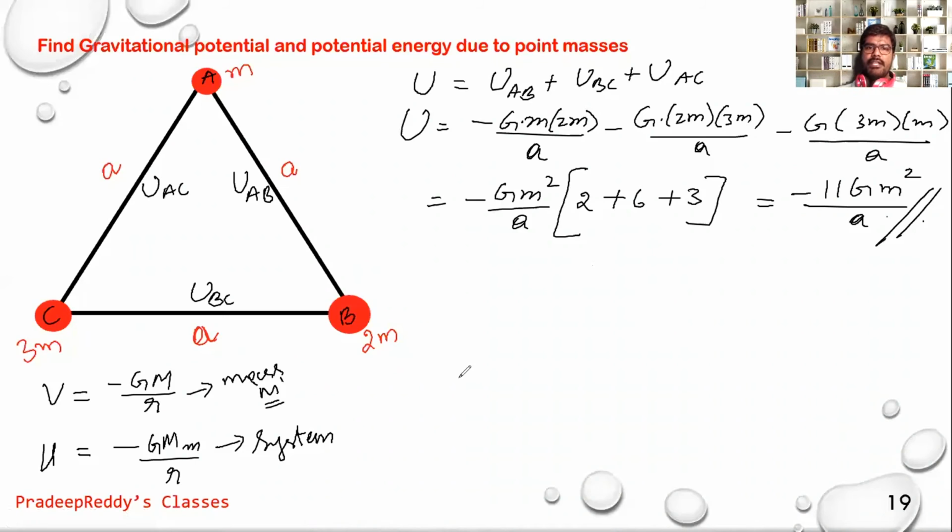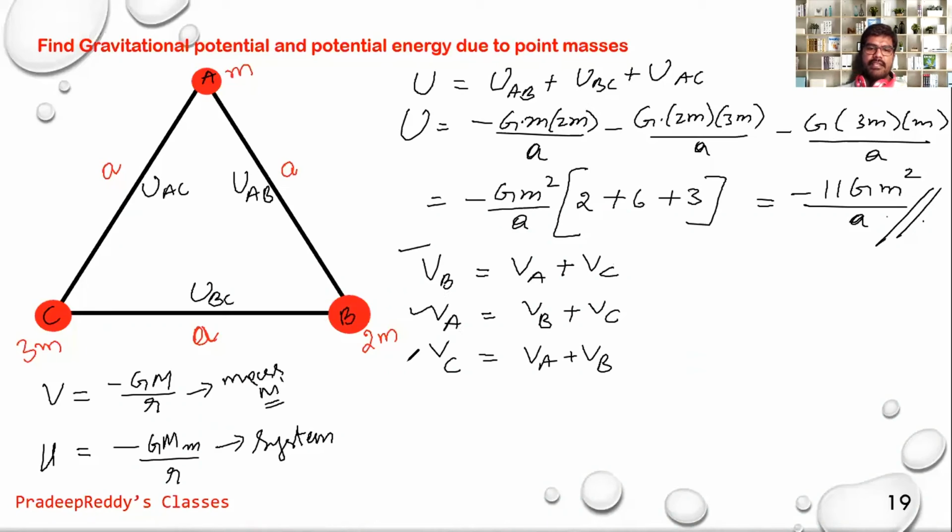Suppose I want to find out gravitational potential on the mass which is placed at position B, then it will be gravitational potential due to this mass A and due to this mass C. So I can write potential at position B will be equal to potential due to mass at A plus potential due to mass at C. Gravitational potential at A will be equal to potential at B plus potential at C. Gravitational potential at C will be equal to potential at A plus potential at B. So it is concerned with only one single point.